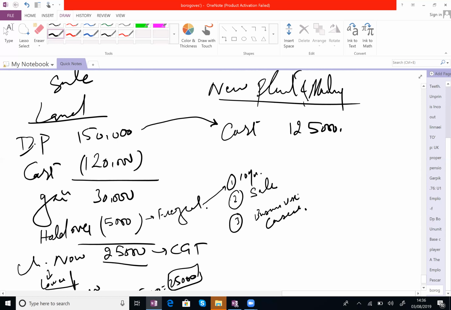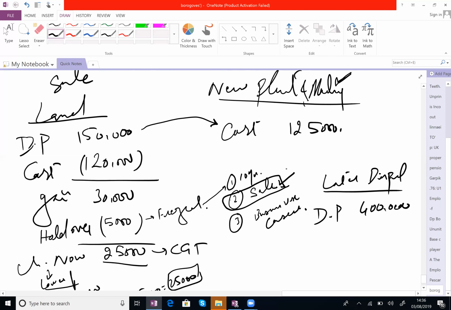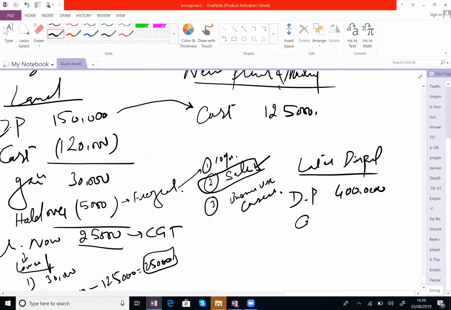So in my case, I am selling, for example, the plant and machinery in future for later disposal. The disposal proceeds are, for example, 400,000. So it means second case, I am selling the new plant and machinery, and its cost is 125,000.